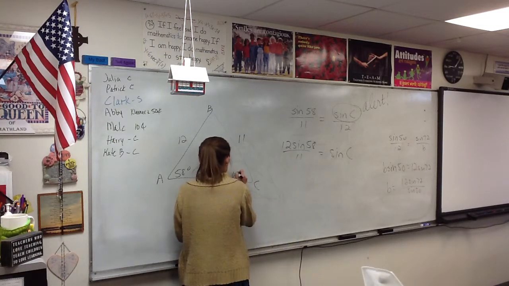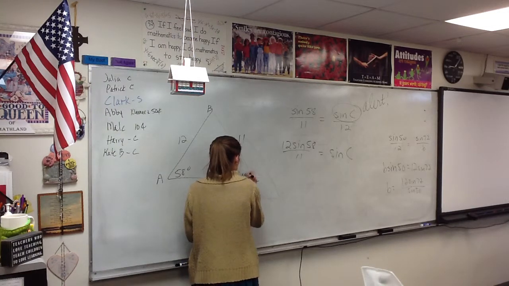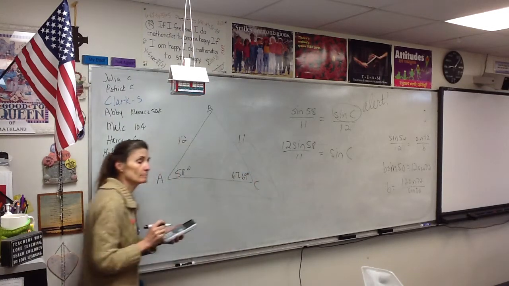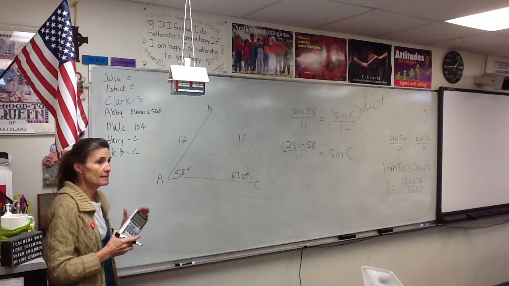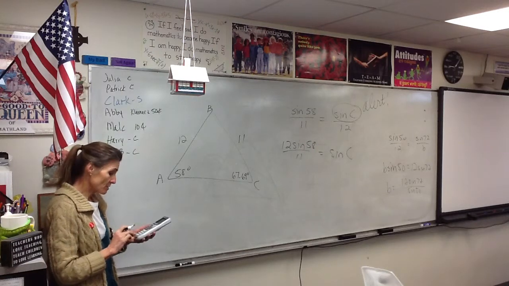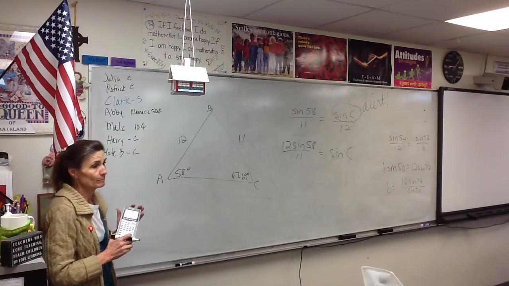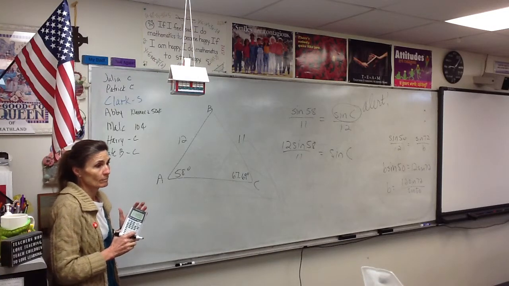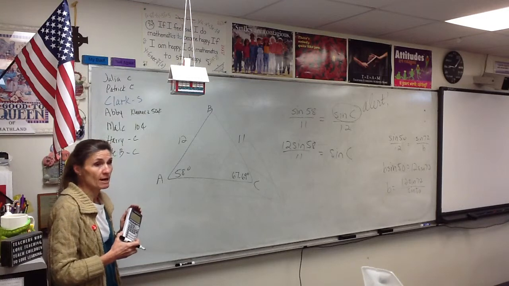And that angle came out to be 67.69 degrees. So I second sine, second answer. My answer button is right down in the bottom row on my negative. So you should have gotten 67.69.